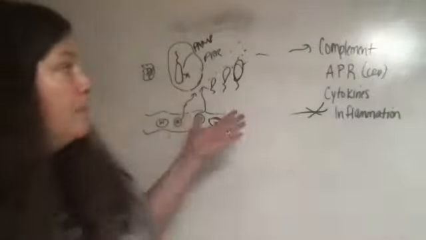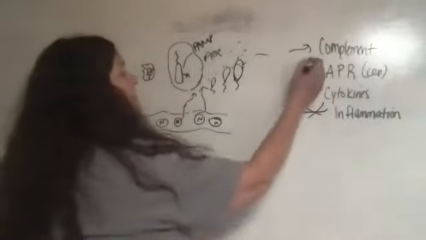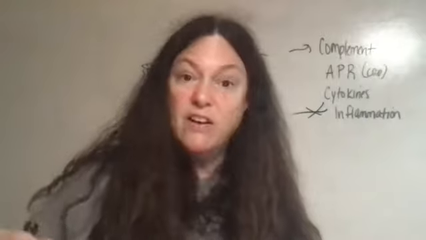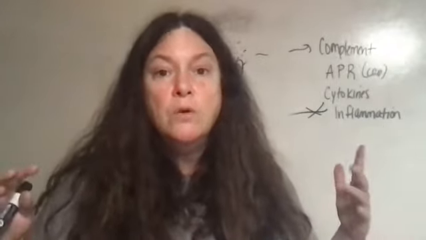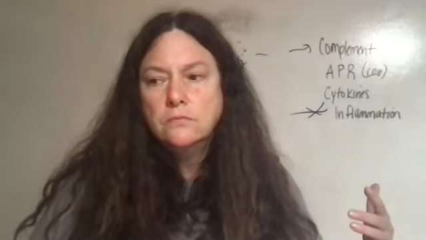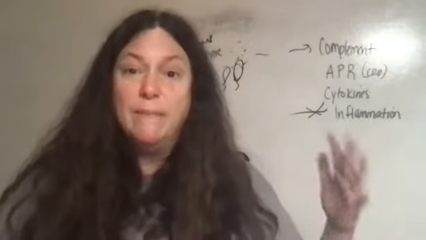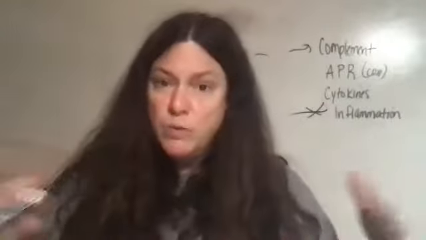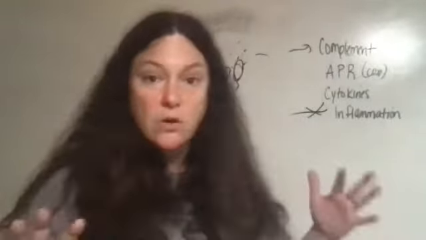But either way, the complement comes, right? Complement ramps up the immune system, and it also ramps up inflammation. So inflammation is really ramping up here. We have a lot of swelling because we have a lot of the vascular changing and things like that. So we're good with that.